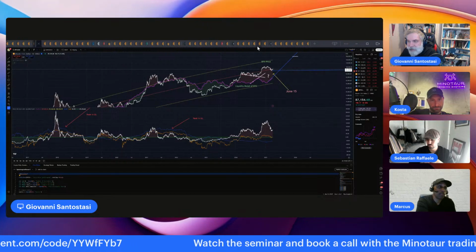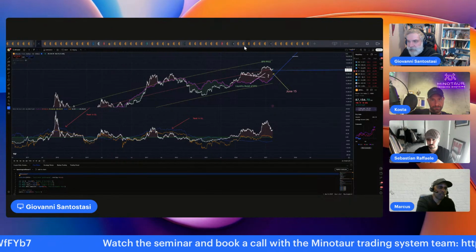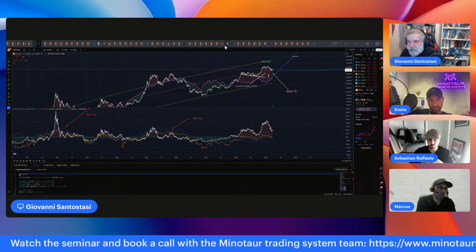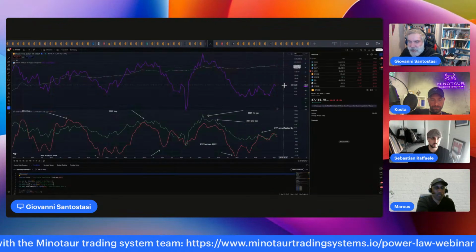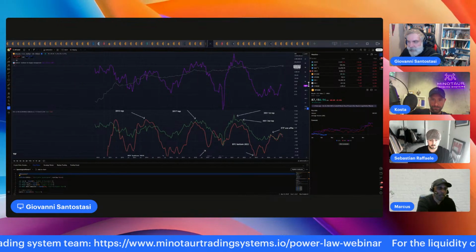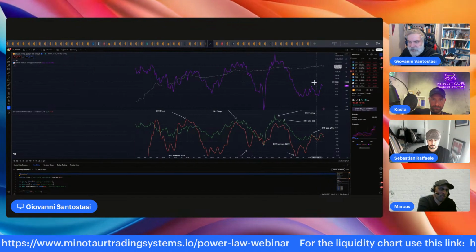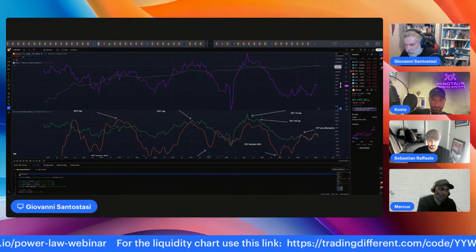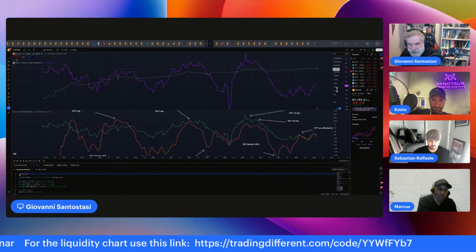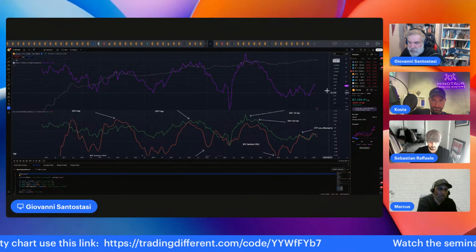Let's see if I can find it. And then maybe Costa, you can tell us about the algo. But here you have this chart, right? This is what is called the manufacturing index, PMI, purchasing managers index. It is another macroeconomic quantity.